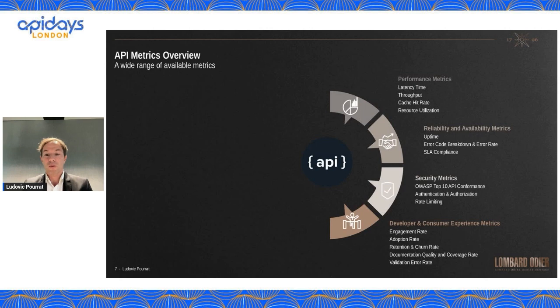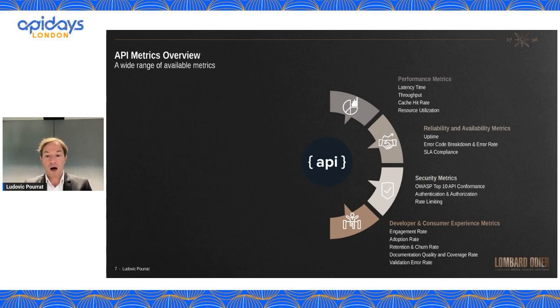Something important to me is the developer and consumer experience metrics you may get, meaning what about your engagement rate, your API adoption, how long you get retention, but also the churn rate, meaning how many customers are moving away from your APIs.